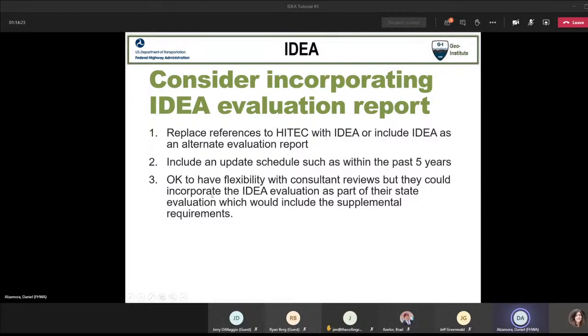And it's okay to have consultants in your practice as part of the review process for IDEA, for the approval process in your state.